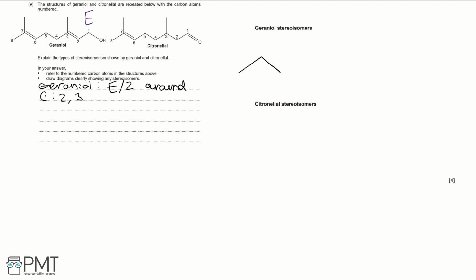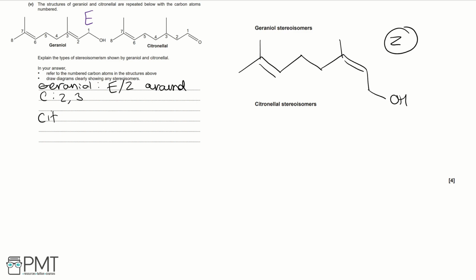Drawing the Z isomer, we have most of the compound the same. However, around our carbon 2 and 3 double bond, we would have our group going down rather than going up, so that the highest priority groups are on the same side of the carbon-carbon double bond. So this is our Z isomer. Now we need to talk about the stereoisomers in citronellal.